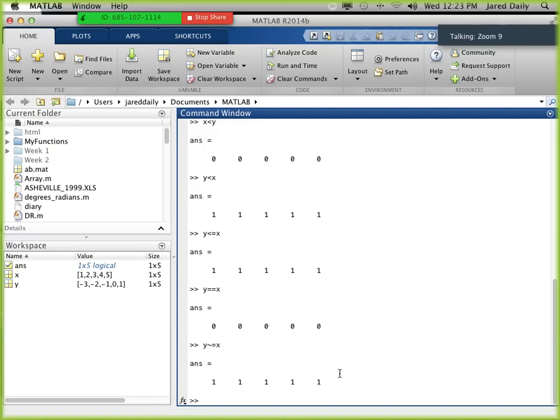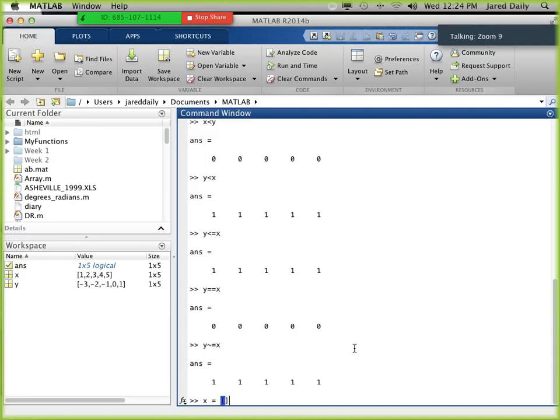There are also logical operators, which are at the bottom of page 278, which allow you to combine different Boolean operators or relational operators. So you can do, for example, let's go ahead and do their example. Their example's a lot of typing, but that's okay.